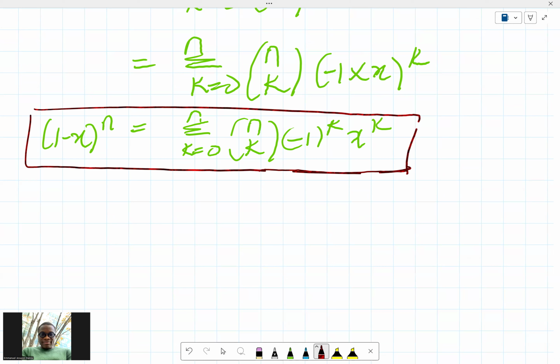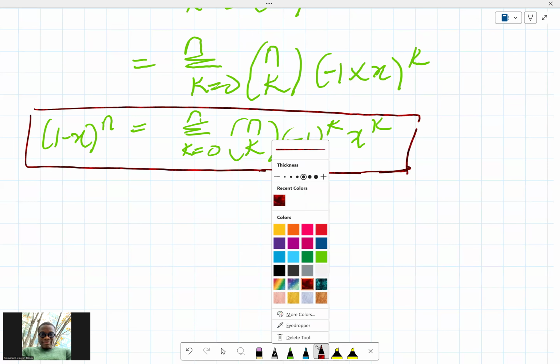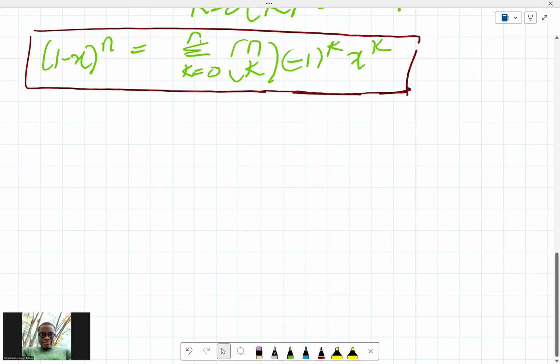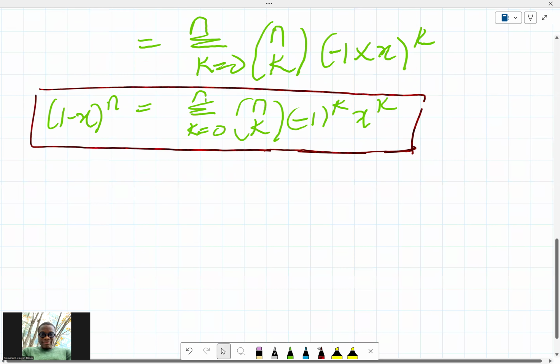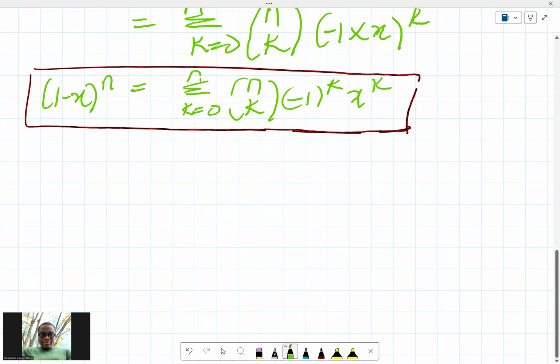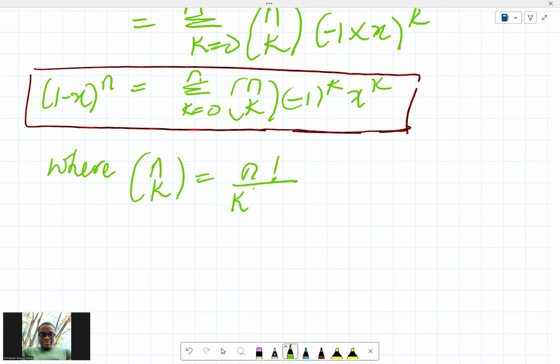As k takes 0 or even values, you are going to have a positive sign, but as it takes odd values, you're going to have negative signs, and that is really important to pay attention to. Of course, you'll still remember that n combination k is the same thing as n factorial over k factorial times n minus k factorial.